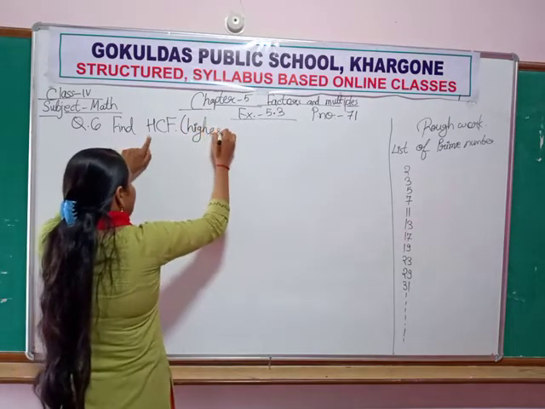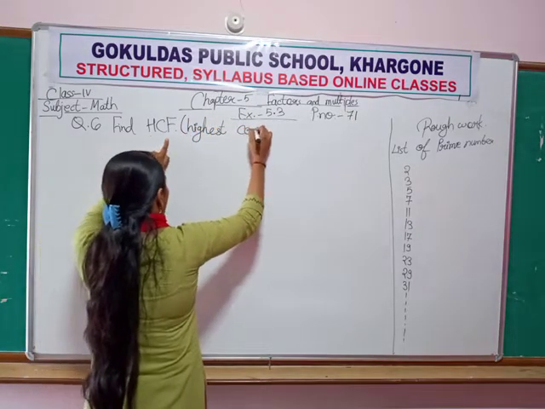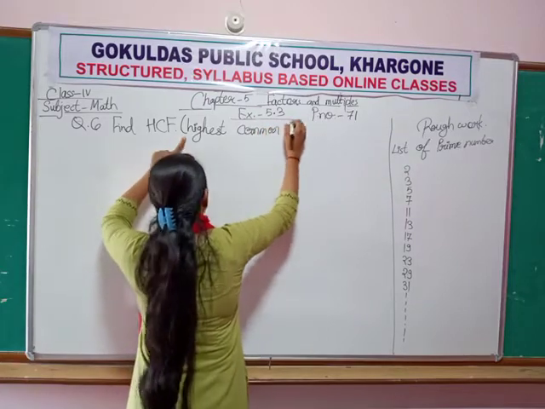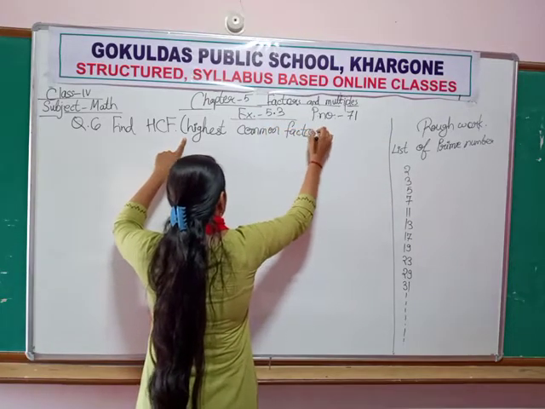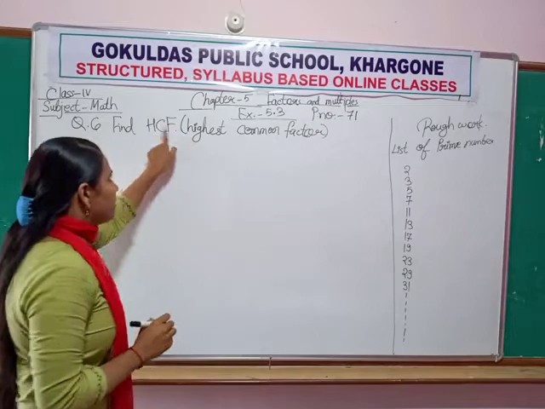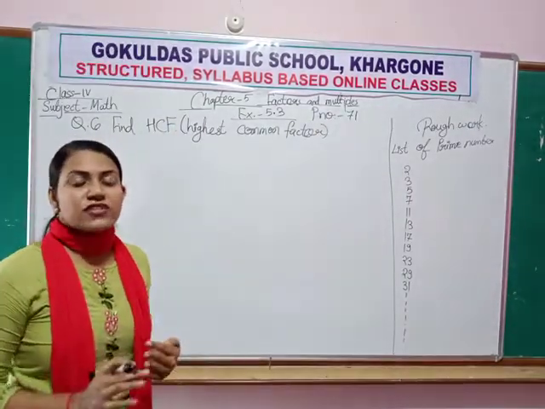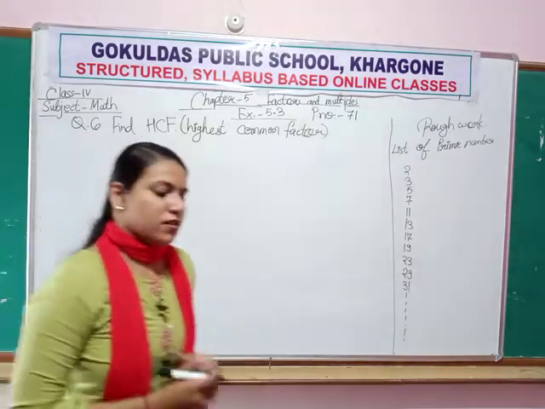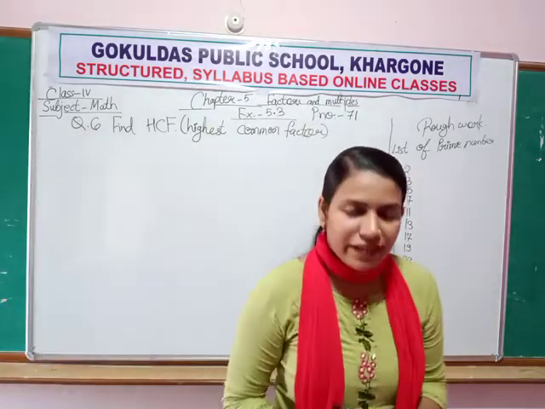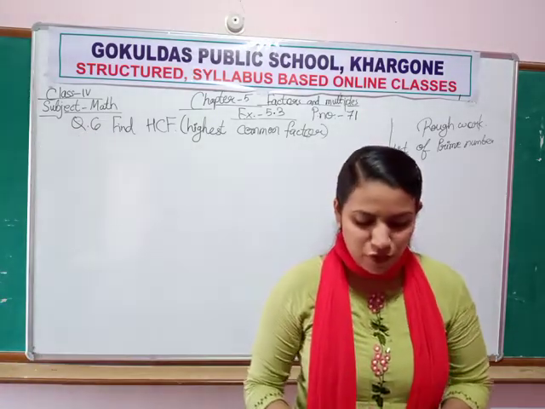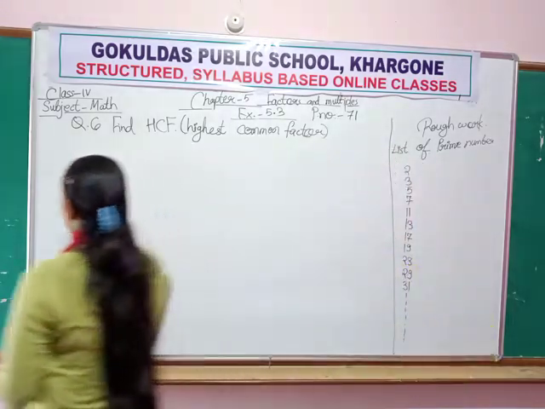H stands for highest, C stands for common, and F stands for factor. Highest common factor. Read the question: find the HCF of the following pair of numbers.